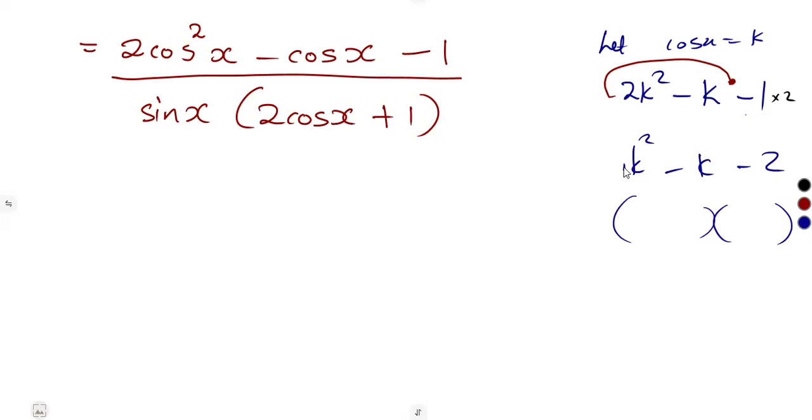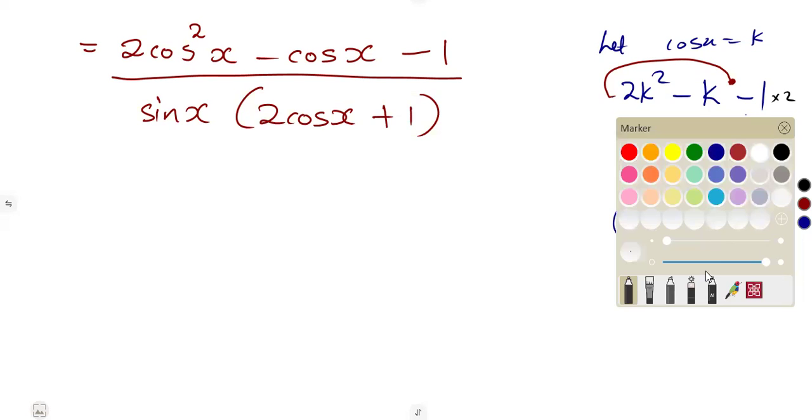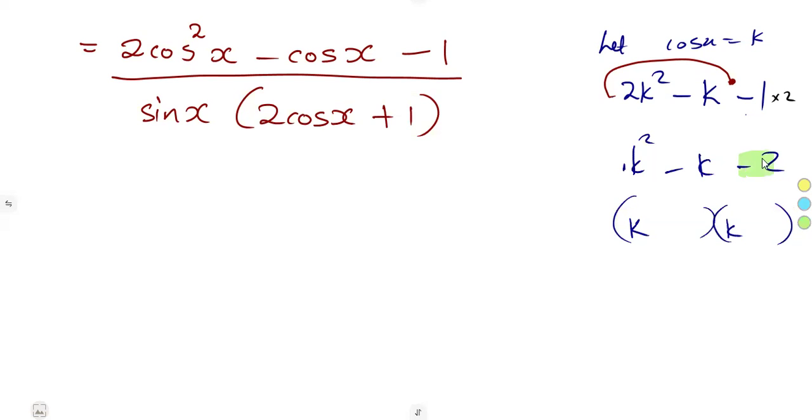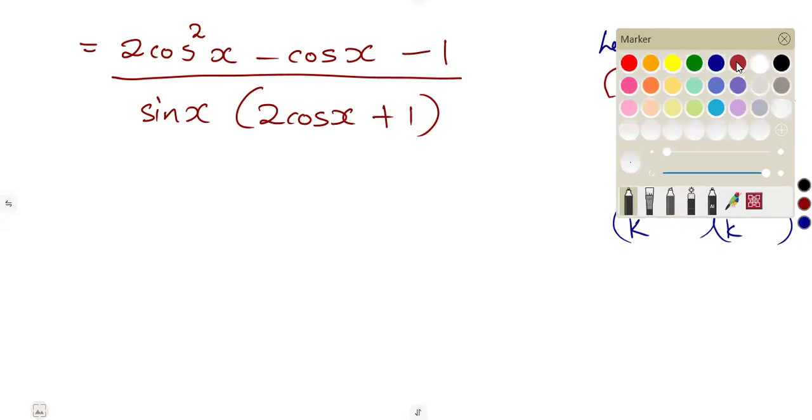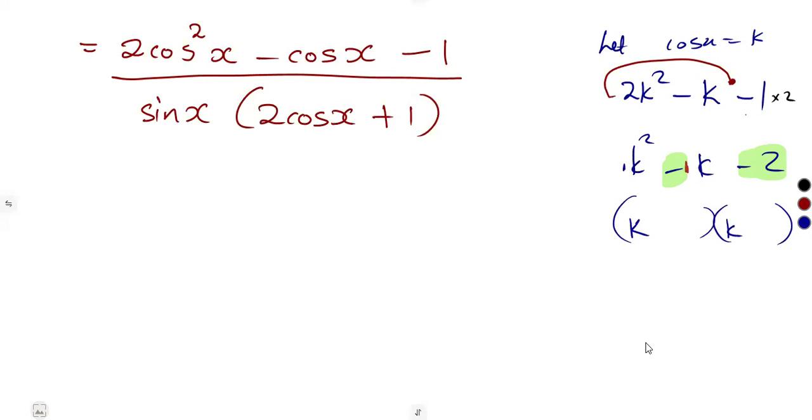The coefficient of k squared is 1, so we're going to have k here and k. Then considering the factors of negative 2, which will give us a negative 1: negative 2 and 1. If you multiply this, you get negative 2. If you add, you get a negative 1. So that's negative 2 and a positive 1.